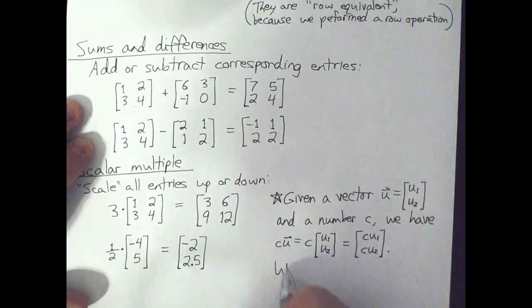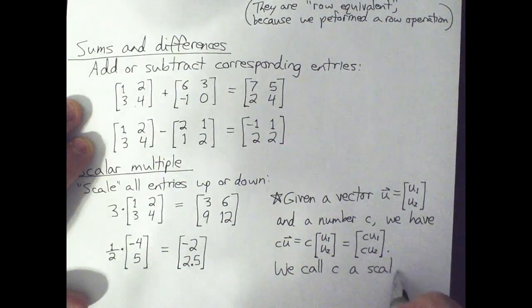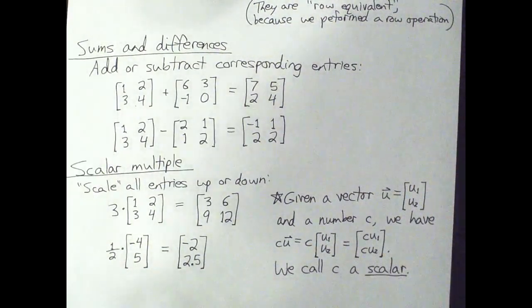And the little piece of terminology that I wanted to mention is we call c a scalar. In this context, the number c is a scalar. It's a real number. It's probably a constant in most cases.